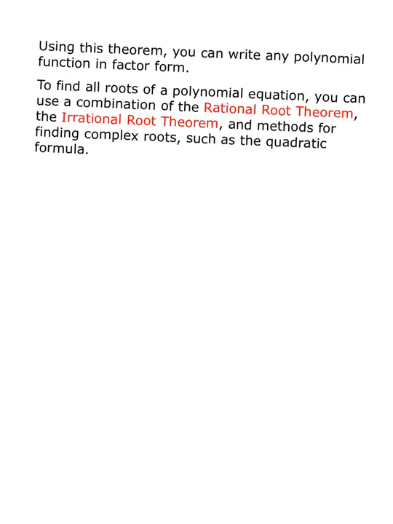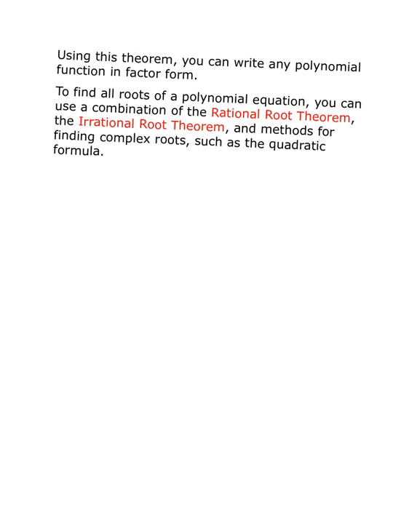And let's look at an example here. So using this theorem, you can write any polynomial function in factored form. Then to find all the roots, you can use a combination of the rational root theorem and irrational root theorem and methods of finding complex roots, for example the quadratic formula.